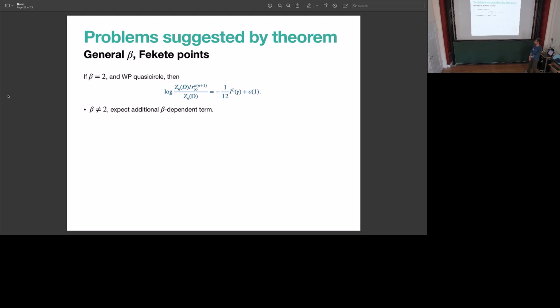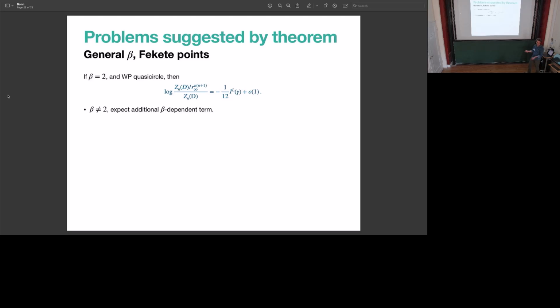We expect, and I will come back to this, maybe by comparison with another problem that we can do for general beta, another term that depends on beta. It's some kind of energy-like quantity, but multiplied by a constant that depends on beta, that one expects to dominate when beta goes to plus infinity.